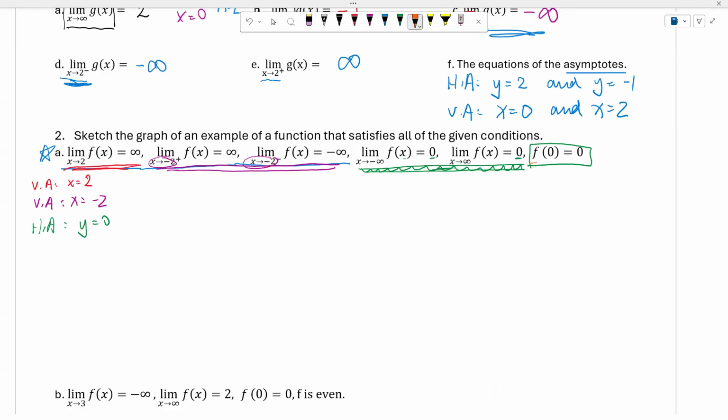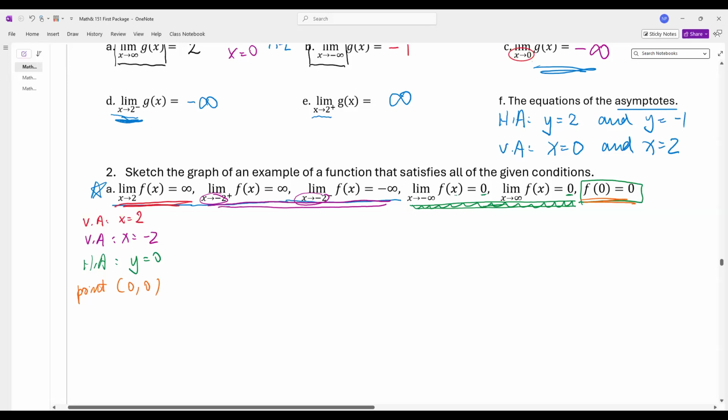And the last one, we have a point (0, 0). So then now, let's see if we could sketch the function.